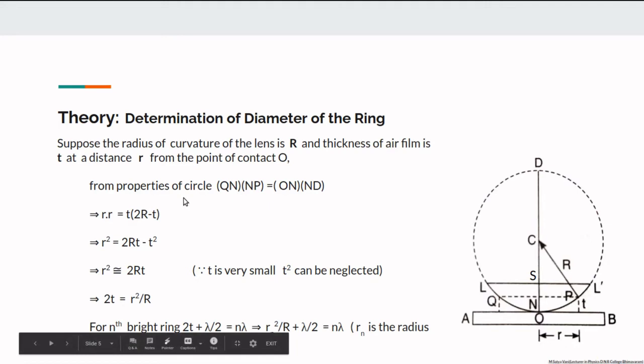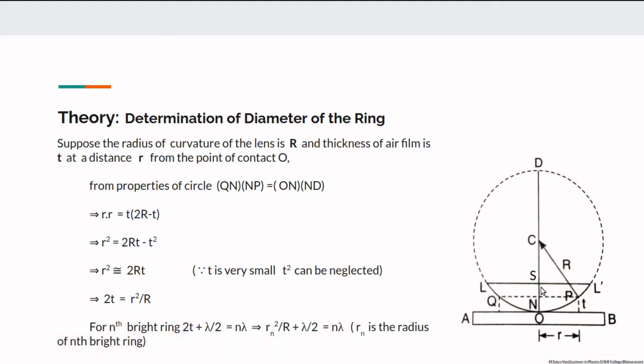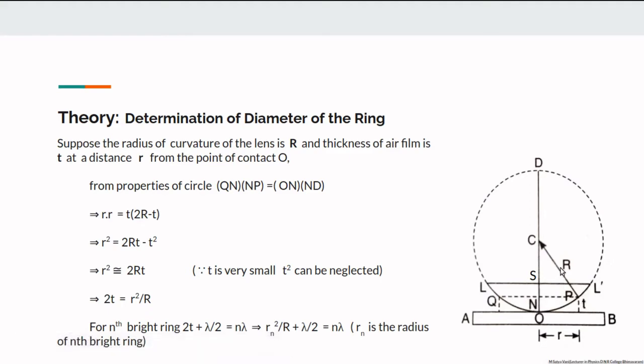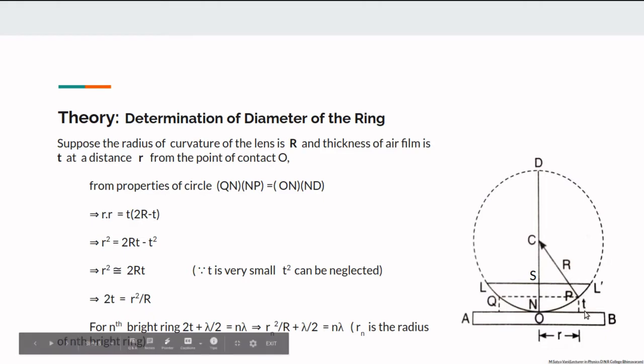From the properties of circles, when these two chords intersect each other, consider thickness t. Suppose R is the radius of curvature of the lens and the thickness of the air film is t at this position for a certain ring, then this is the circle. This is a two-dimensional figure, therefore we cannot observe a circle, but this is a circle corresponding to the thickness t.